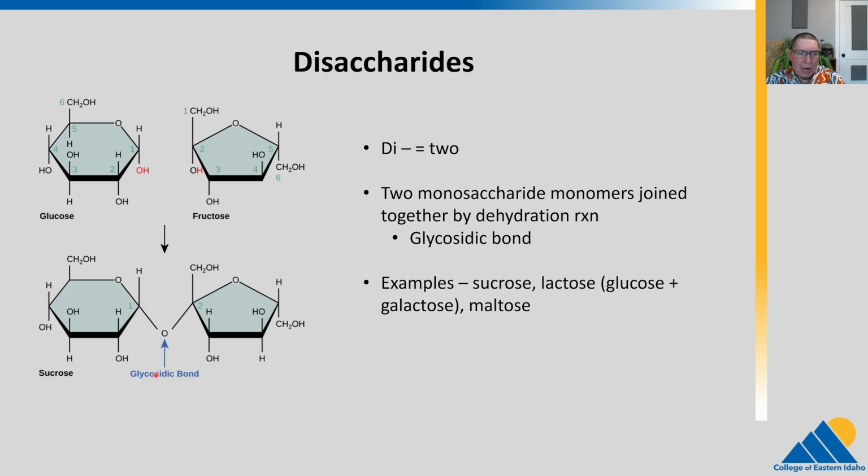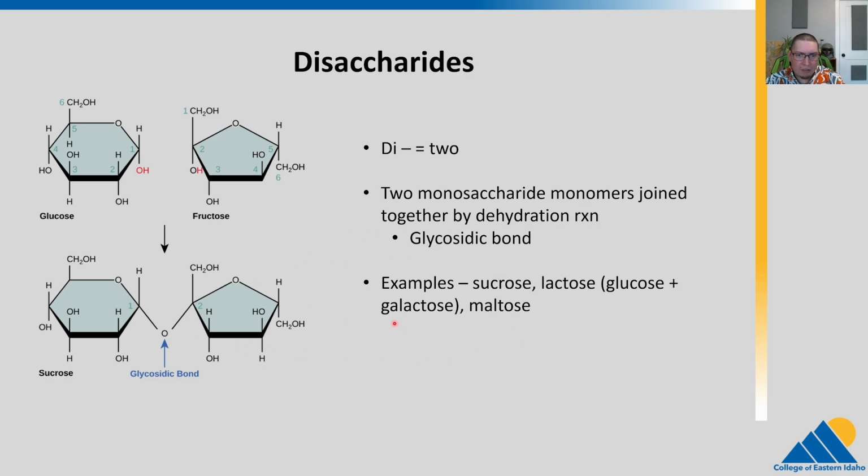We call this bond a glycosidic bond, glyco meaning sugar, right? Again, I'm not going to use that terminology too much, but you might see the term glyco in many different places, and it's good to know that that means sugar.